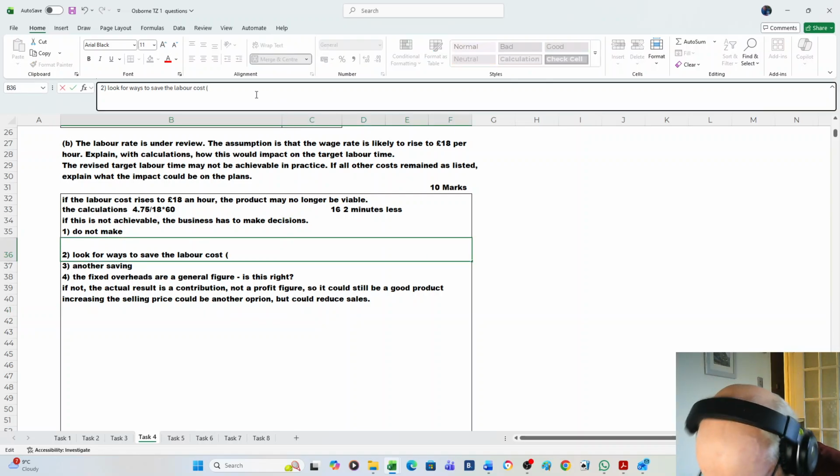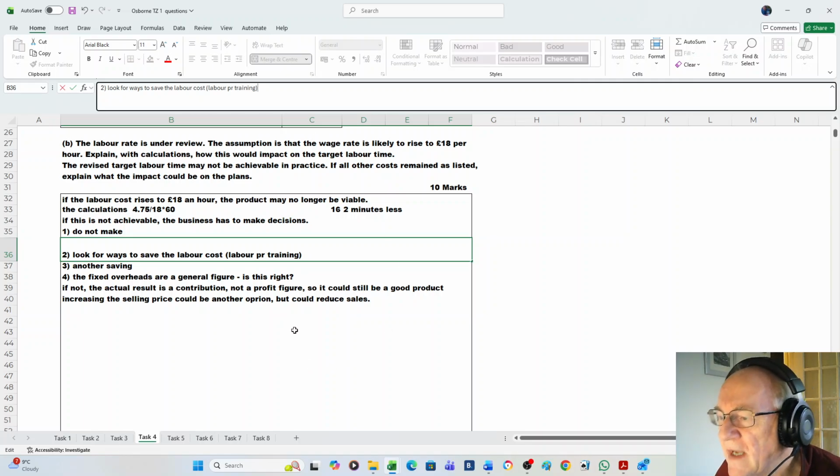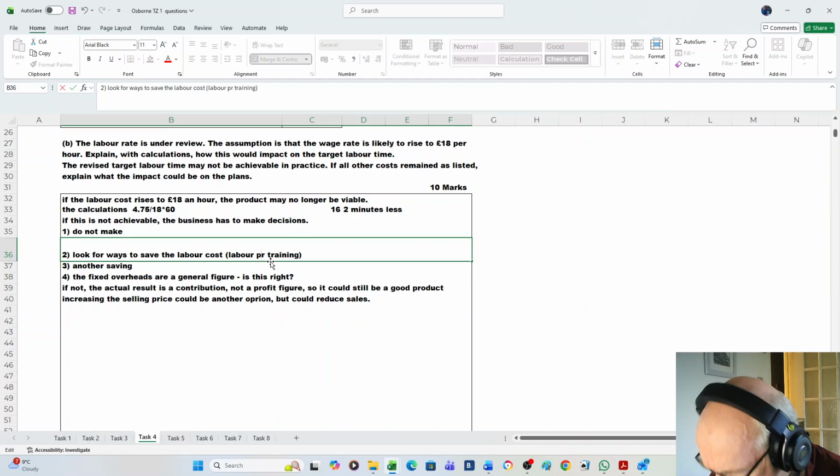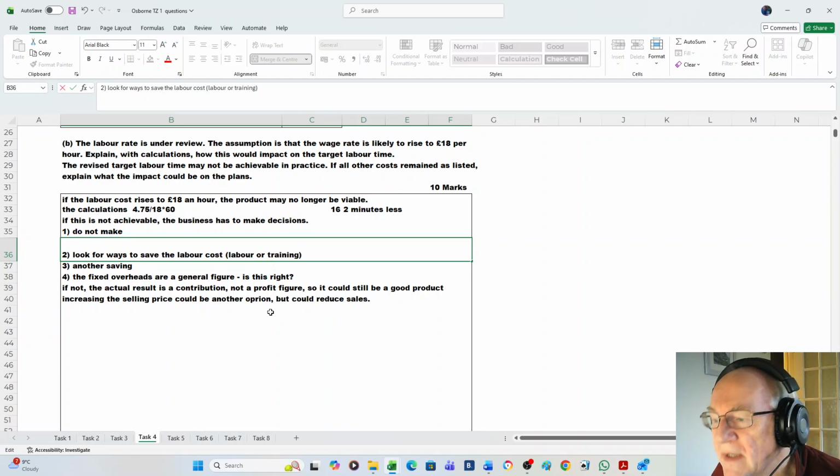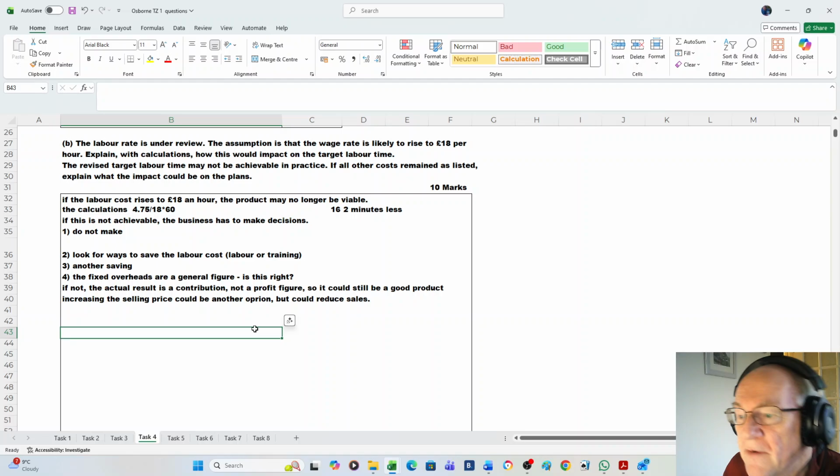This sort of thing you can always train staff, or all sorts of things you could do to try and save the labour cost, cheaper labour, and get somebody else to do it. Another saving.